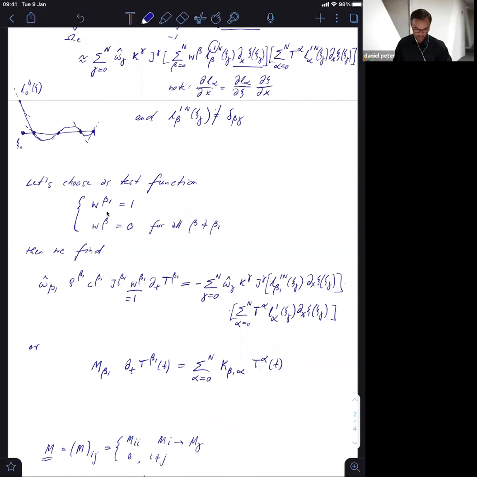So everything in this part is becoming m beta 1. And on the right-hand side, we're going to rearrange the summation a bit, so that we can write everything in terms of a T alpha coefficient.